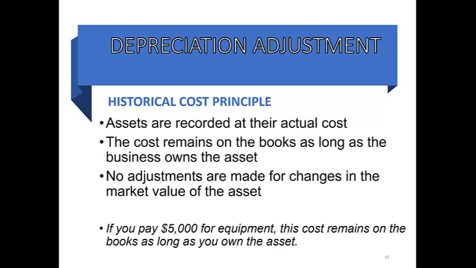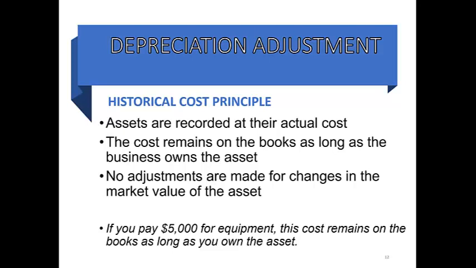Fixed assets such as equipment are recorded at their actual cost. We call this the historical cost principle. So the cost, or whatever we paid for the asset, stays on the books as long as the business owns it. If for some reason the market value of that asset goes up, it gets more valuable, we're not going to change the actual cost or the historical cost.